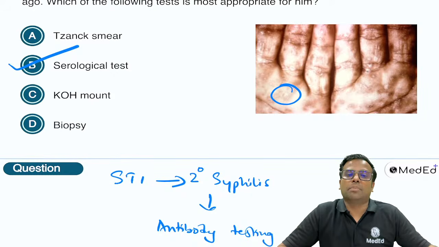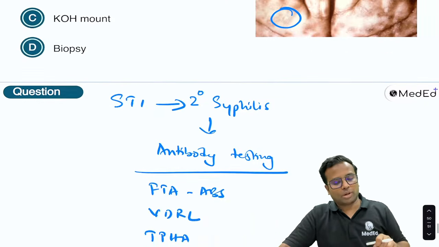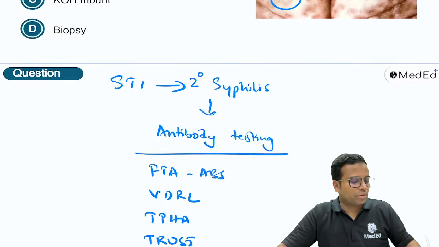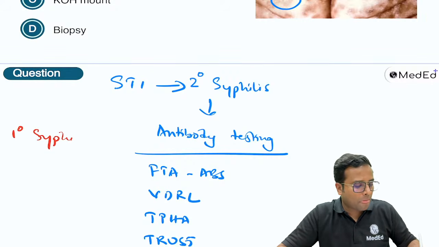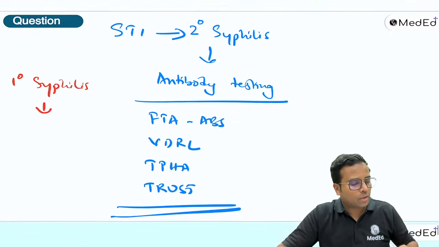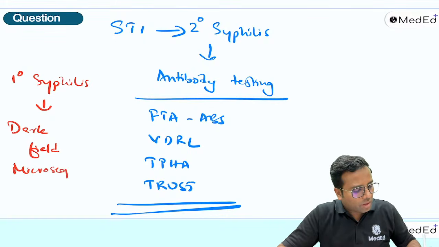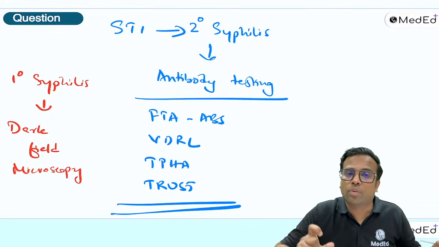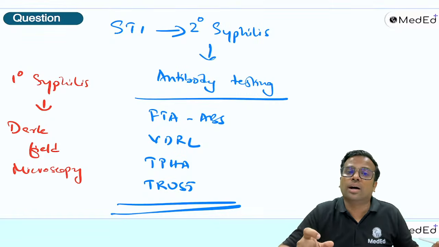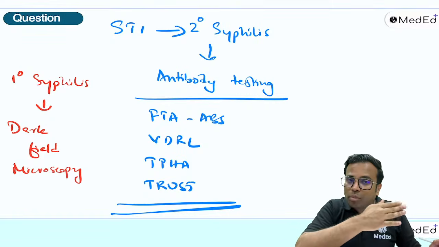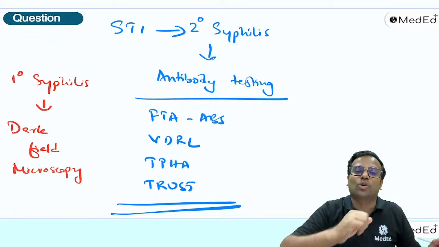At the same time, please remember, don't make a mistake on the day of the exam. If it is primary syphilis, then the diagnosis should be with dark field microscopy. Because in a dark field microscopy, what do you see? You can usually see what type of motility? Corkscrew motility. Right?